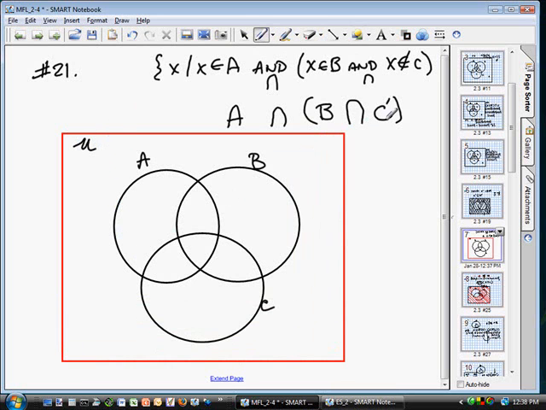Okay, so starting, we might have a lot to do here, but that's okay, we'll do our best. First, I have to figure out what's C complement. Okay, should we shade that?